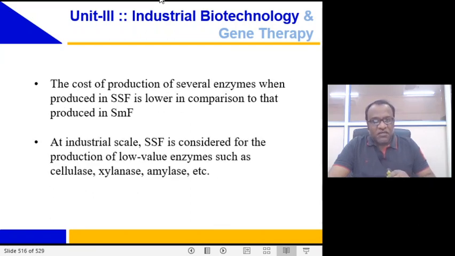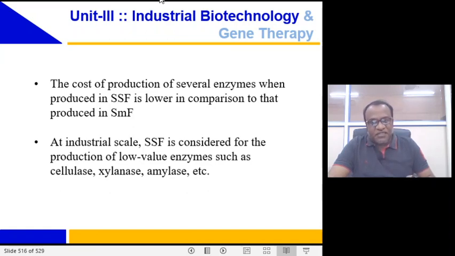So the cost of production of many enzymes using solid substrate fermentation is lower in comparison to submerged fermentation. Submerged fermentation is usually at higher cost in terms of production of enzymes when compared to solid substrate fermentation.